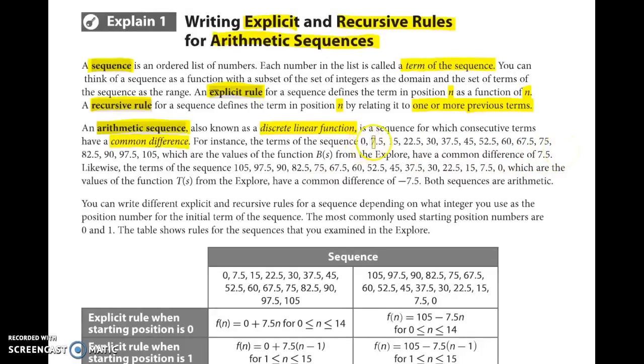From 0 to 7.5, we add 7.5. From 7.5 to 15, you add 7.5. To get the next one, you add 7.5 each time. So the difference between each of these is 7.5.